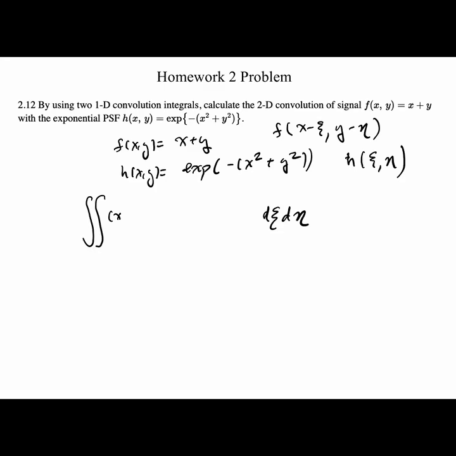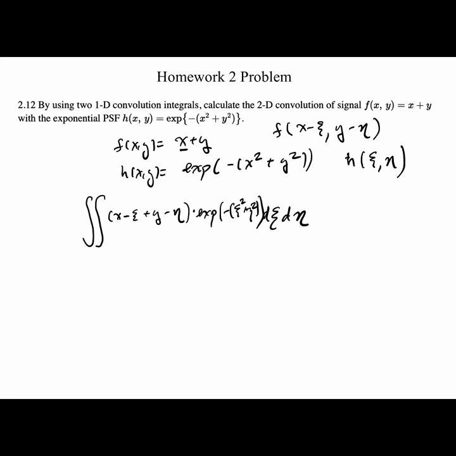You have f of x minus xi, y minus eta. So you replace this x with an x minus xi plus a y minus eta, times exp of minus xi squared plus eta squared.